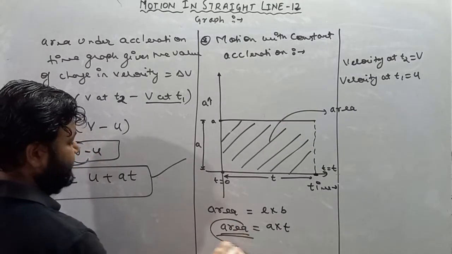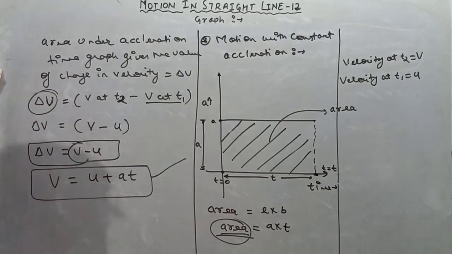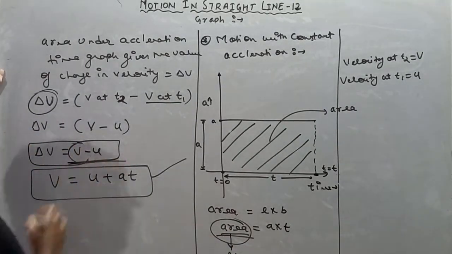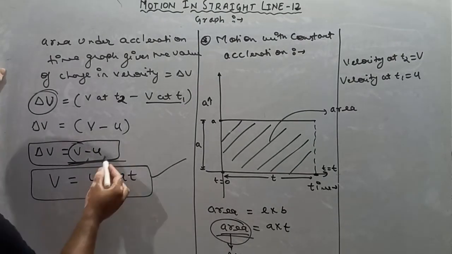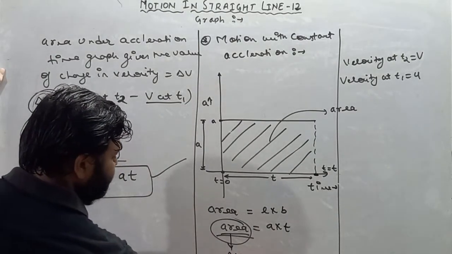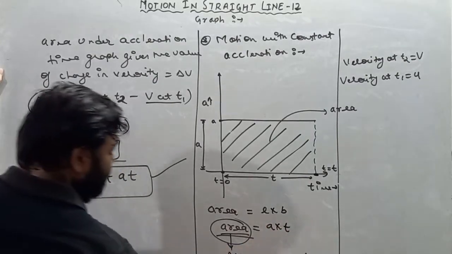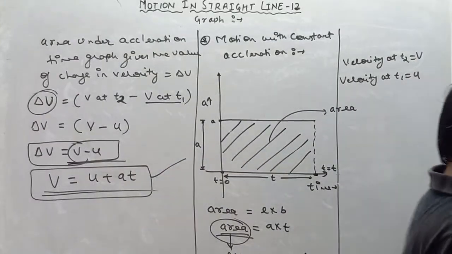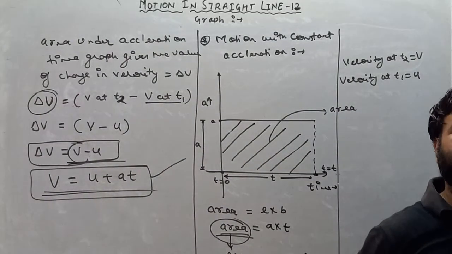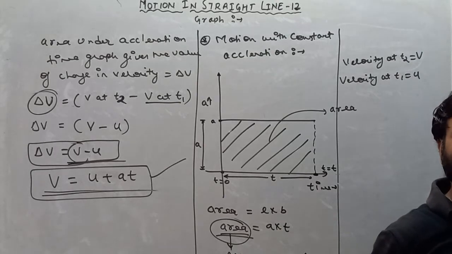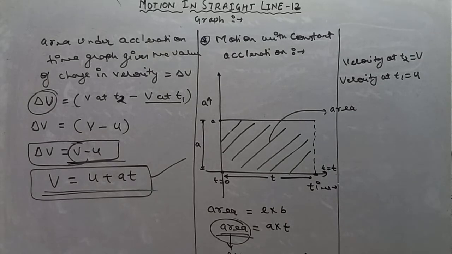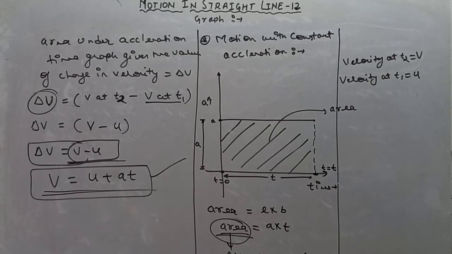Now the area is represented by change in velocity, so instead of area I'll write v minus u. So v minus u equals at, then u comes this side, so v equals u plus at, and we know that v equals u plus at is nothing but the equation of motion with constant acceleration. So remember, my dear student, these are the things of graphs related to kinematics. You have to understand them in a better way.